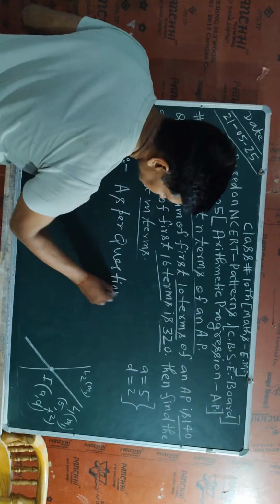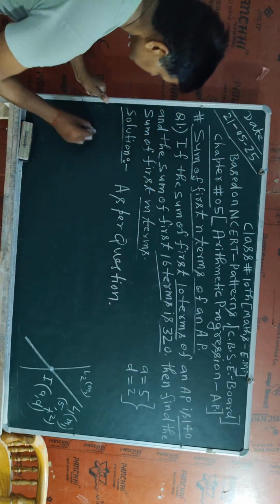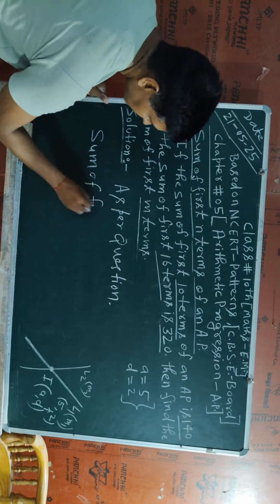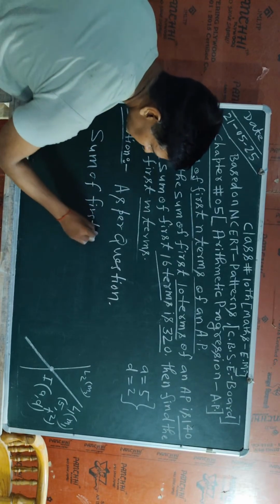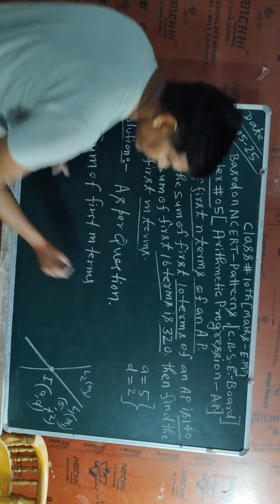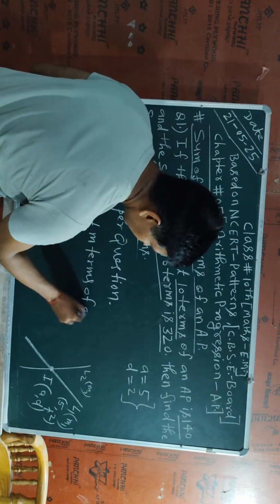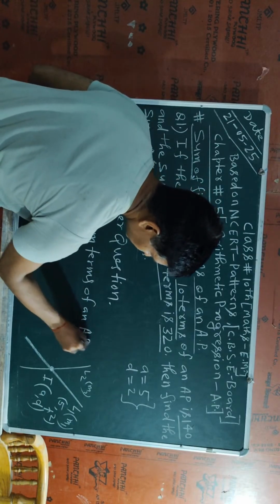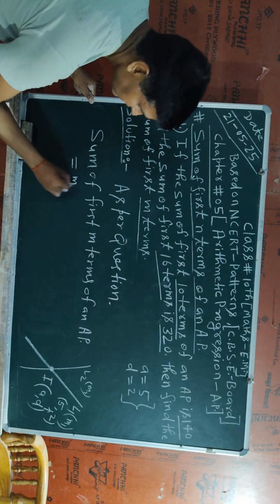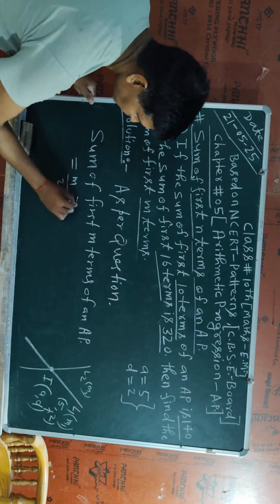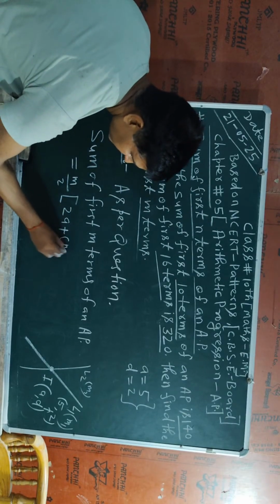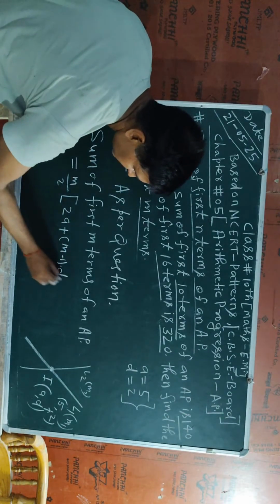As per the question, here I am going to write the sum of the first m terms of an arithmetic progression, that will be m divided by 2, in the bracket 2a plus (m minus 1) into d.